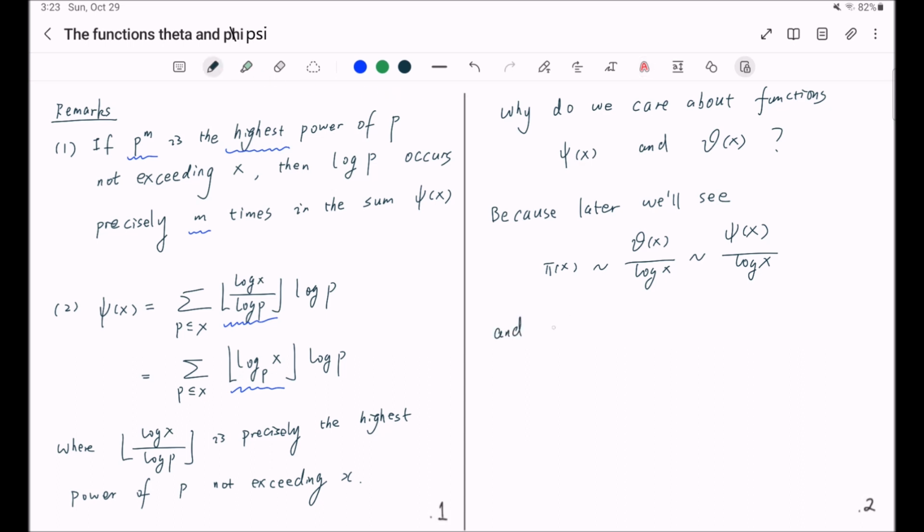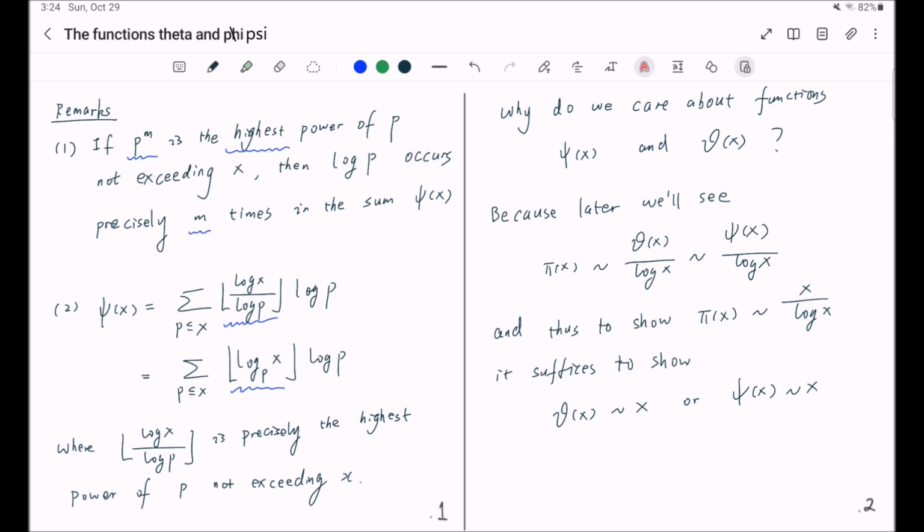And thus, to show pi of x is similar to x over log of x as x goes to infinity, it suffices to show theta of x is similar to x, or psi of x is similar to x as x goes to infinity.